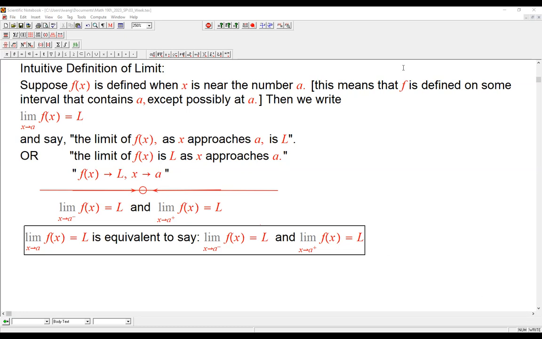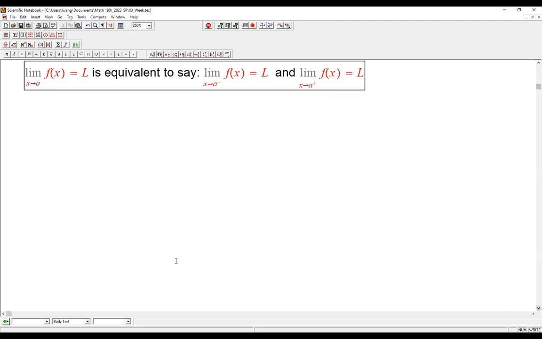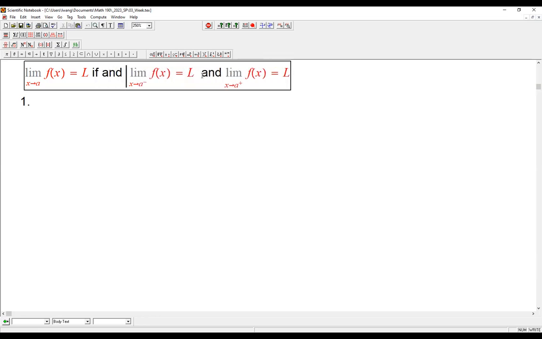Okay, so in this statement, there are some important elements involved. So if the limit exists, typically we will say if and only if.